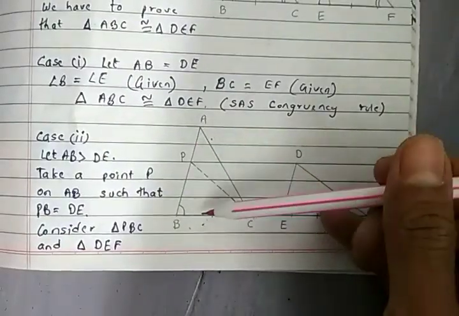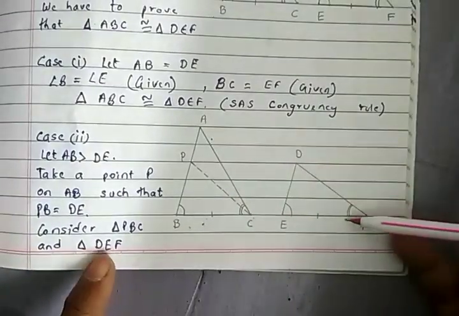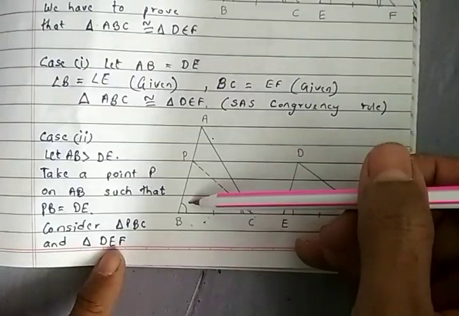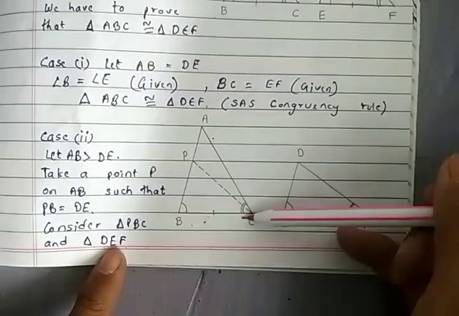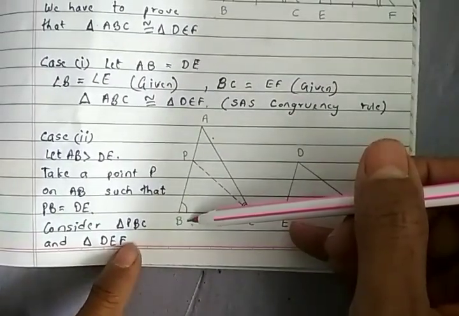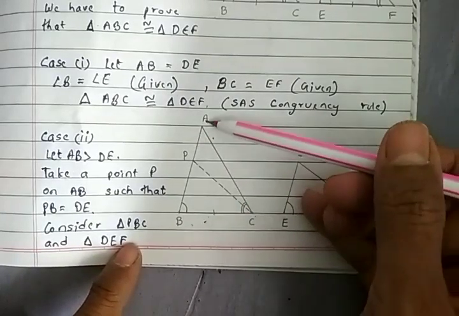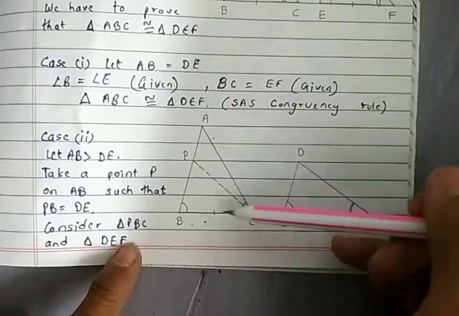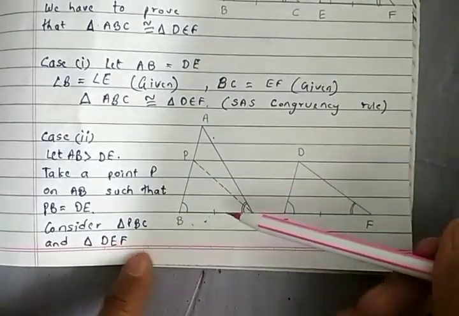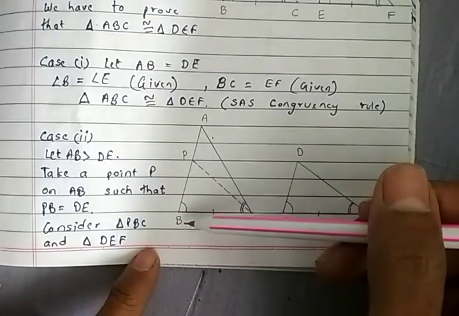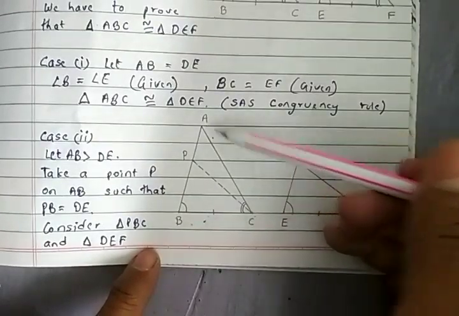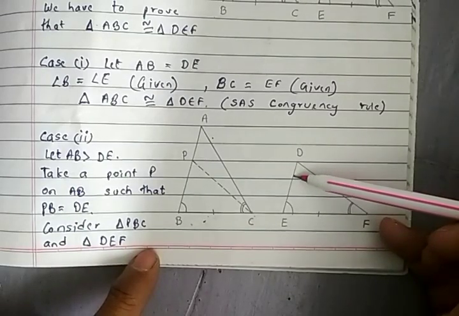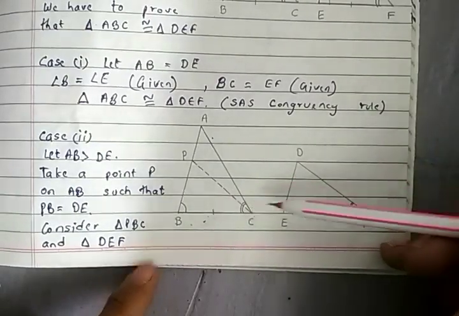Angle ACB is equal to angle DFE, and angle ACB will be equal to angle PCB. How is it possible? Only when A and P coincide, meaning they meet each other, then only this angle will be equal. So BA will be equal to ED, right?